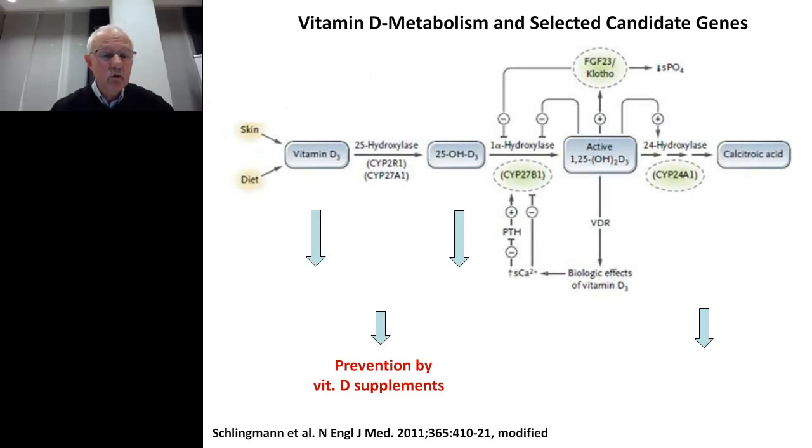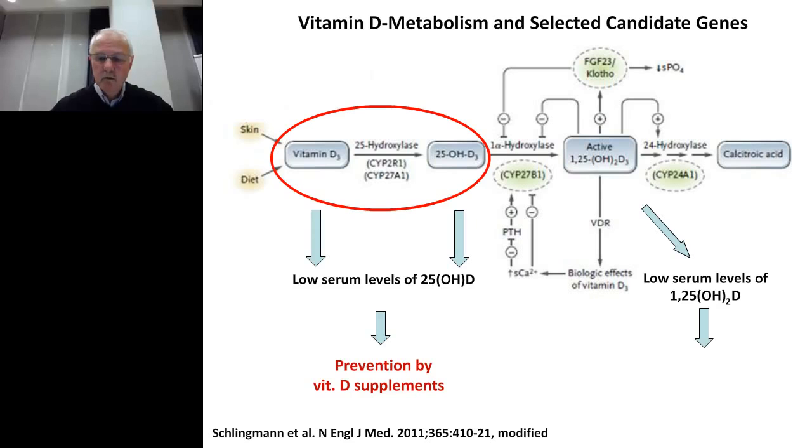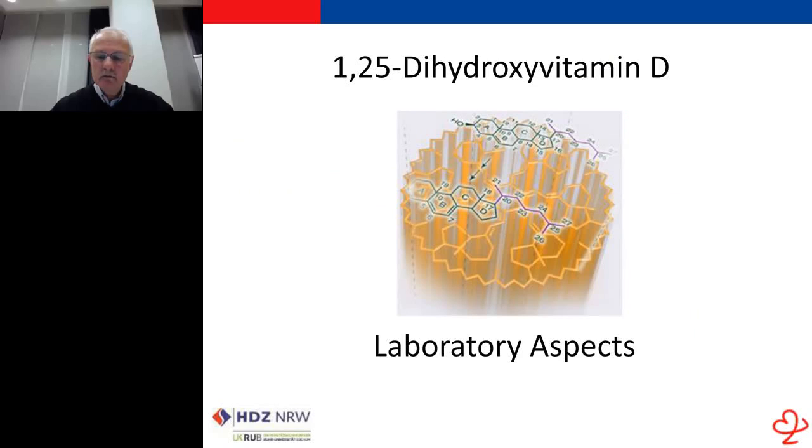It's a phosphaturic hormone, and this hormone is upregulated if plasma phosphate levels are high. This upregulation of FGF23 results in a decrease in circulating 1,25 dihydroxyvitamin D levels.